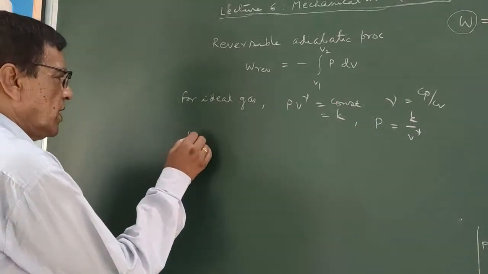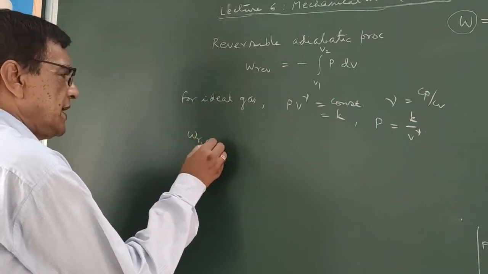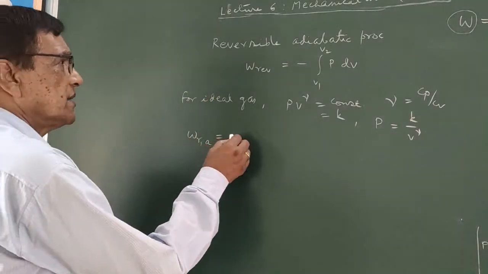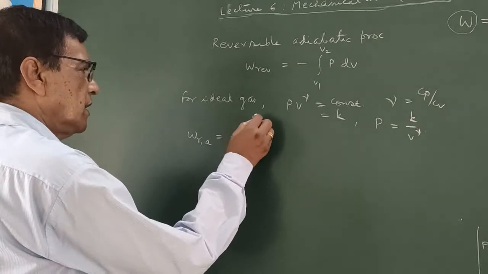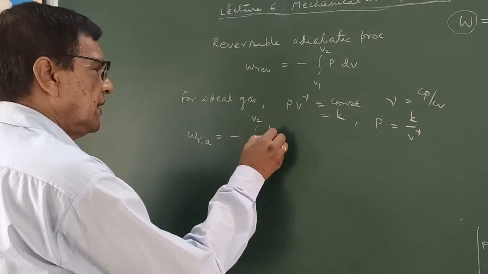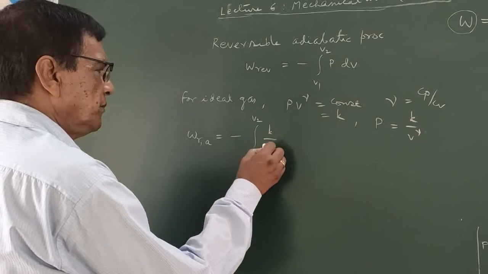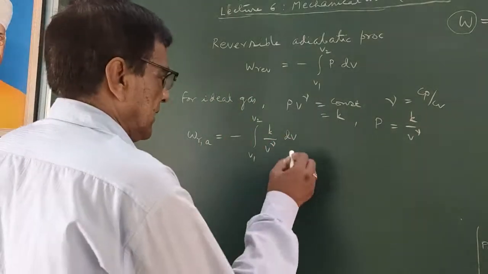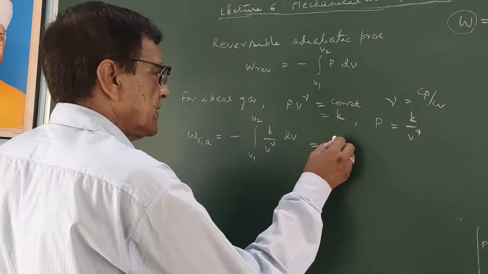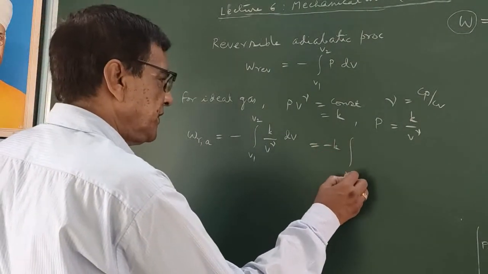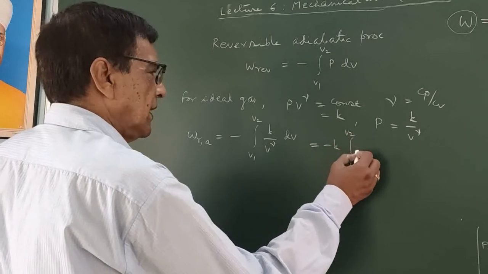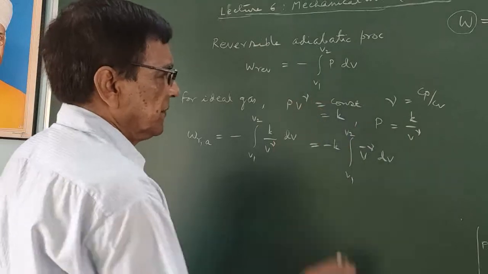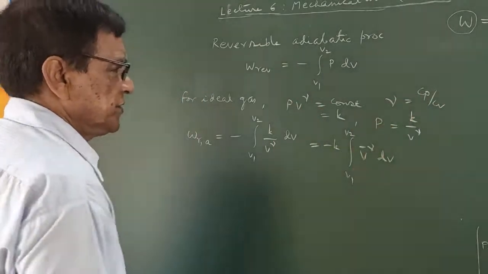So the work done in the reversible adiabatic process for this ideal gas is minus the integration from V1 to V2 of K divided by V to the power gamma into dV, and we can write it as minus K times the integration from V1 to V2 of V to the power minus gamma dV, gamma being the molar heat capacity ratio.